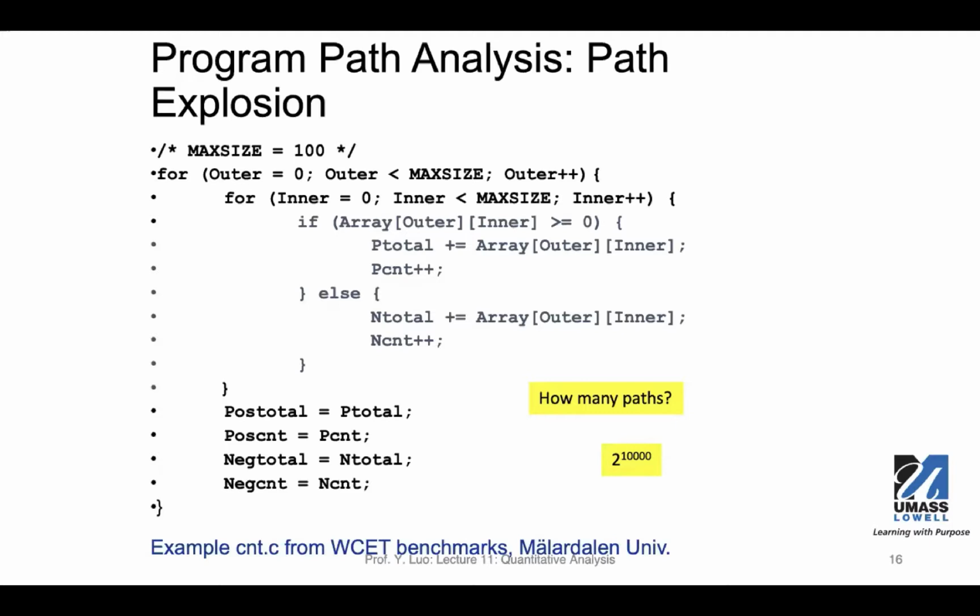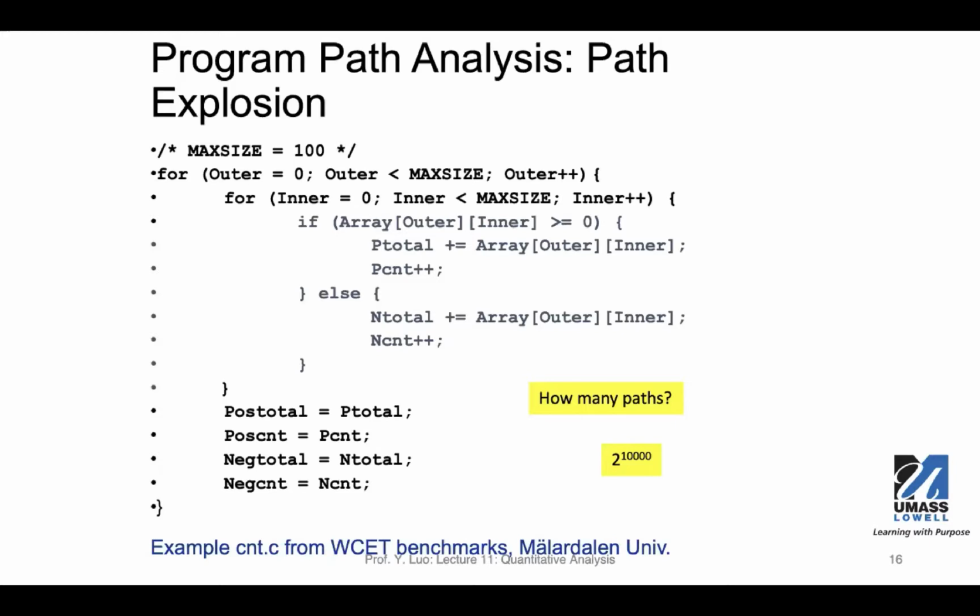For a given array with numbers, you will end up going through this whole program on a particular path. But now we're doing this analysis trying to find out what the worst case execution time is. So we don't know beforehand what the input values for the array will be.